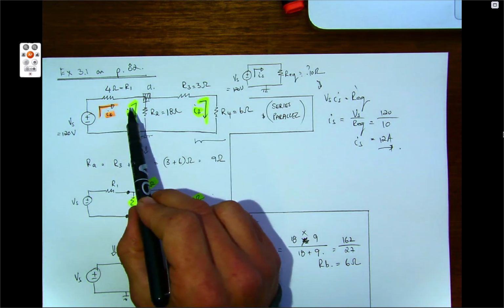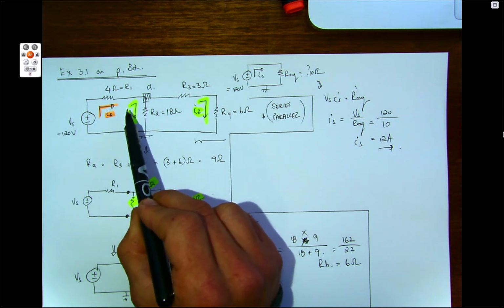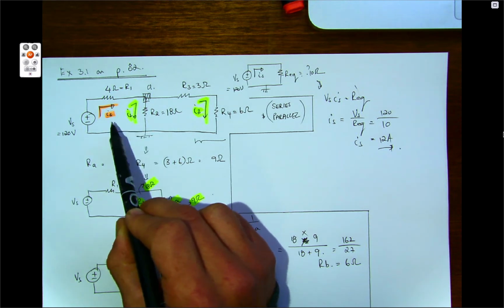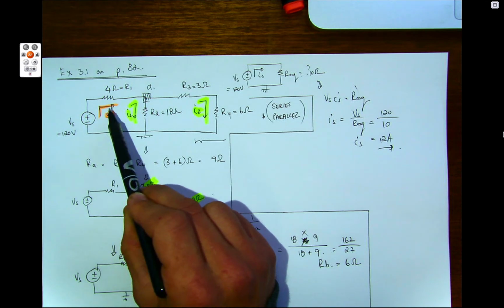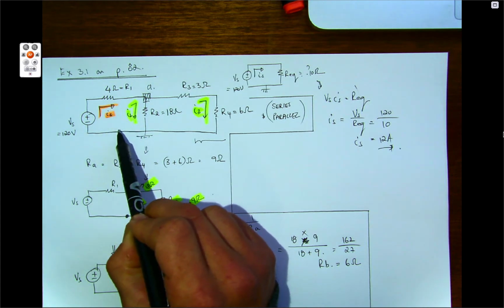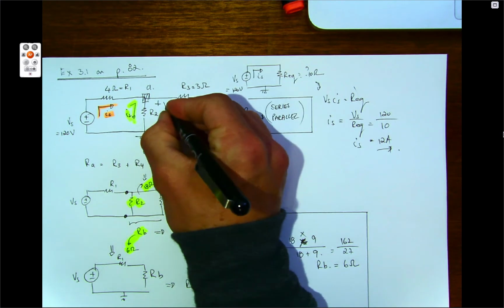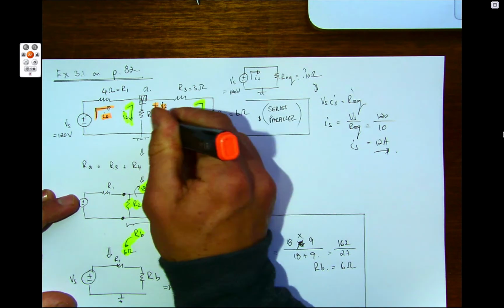So the question then becomes, how are we going to calculate this value for I2? What we can do is, if we look at this part of the circuit, we can probably apply Kirchoff's voltage law around this loop to calculate the voltage at this point, plus minus V2. And let's just highlight that a bit so we know where we are.